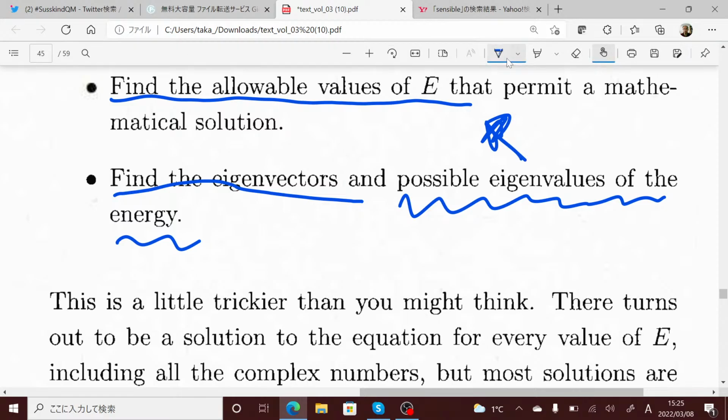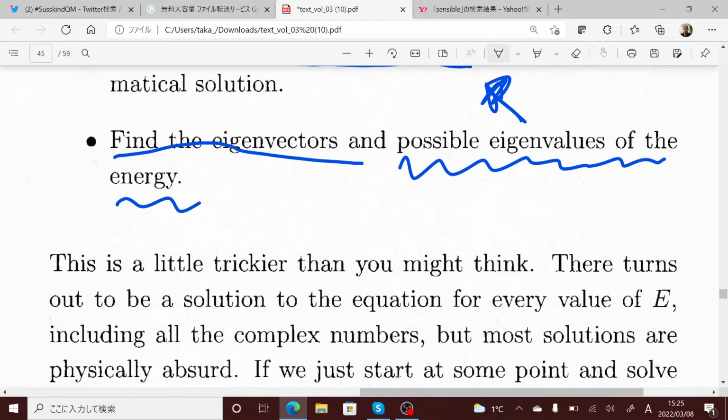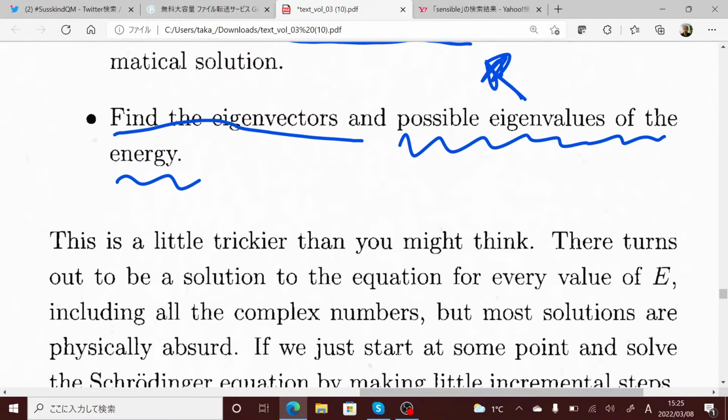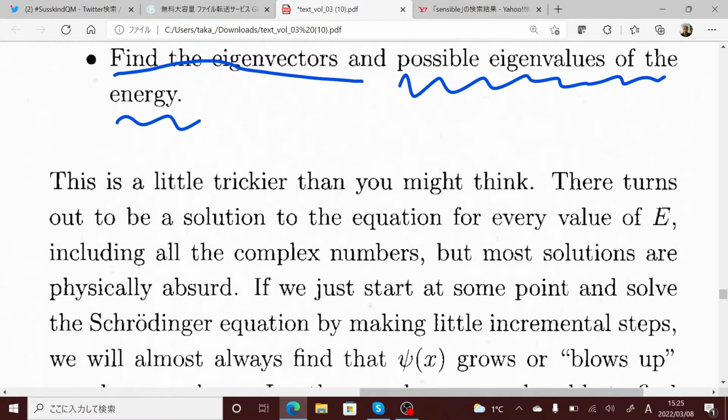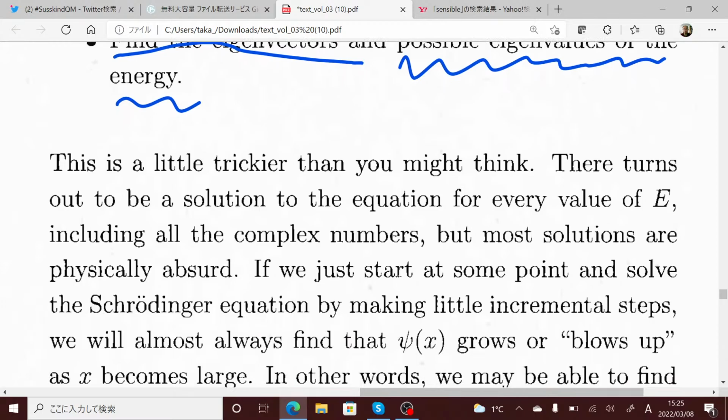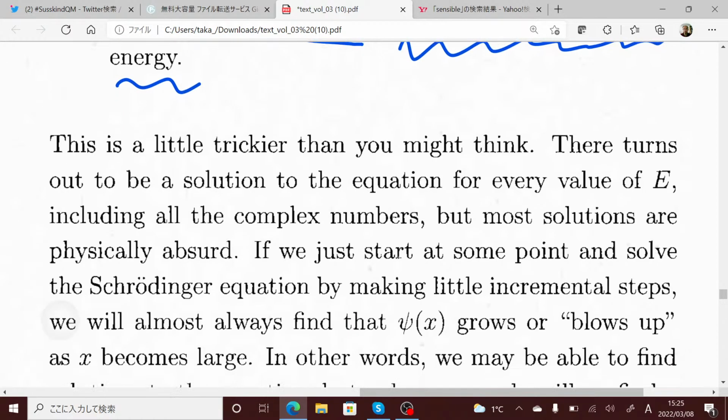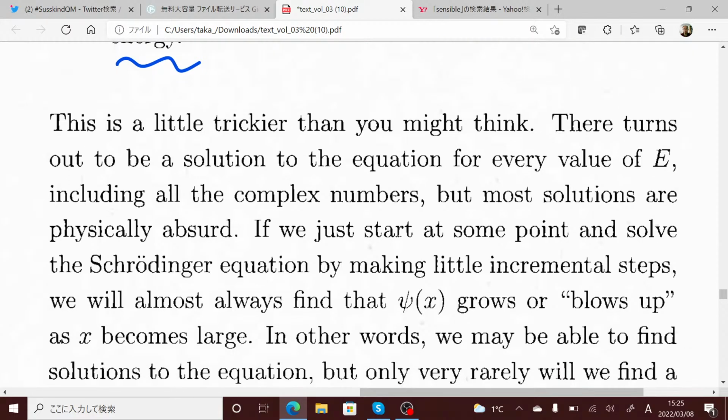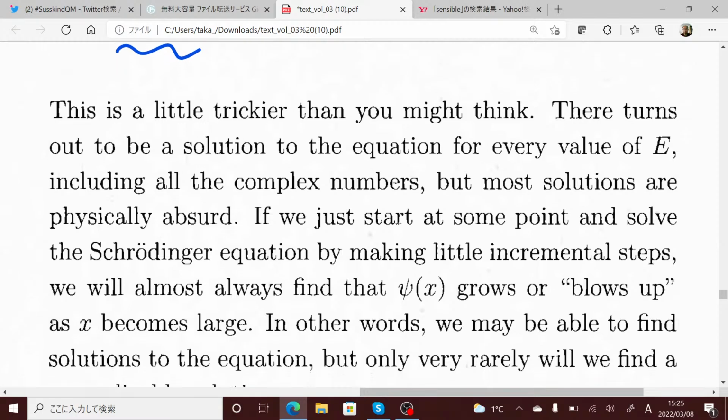Anyway, we find eigenvalues of the energy and we find eigenvectors. And unfortunately, this is a little trickier than you might think.